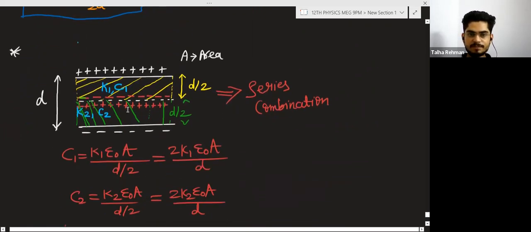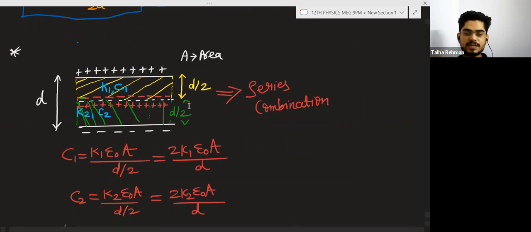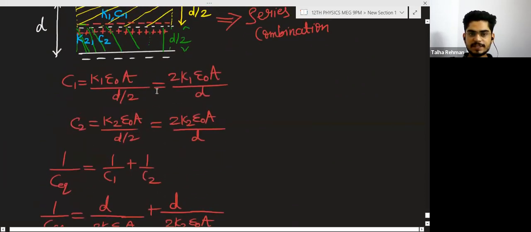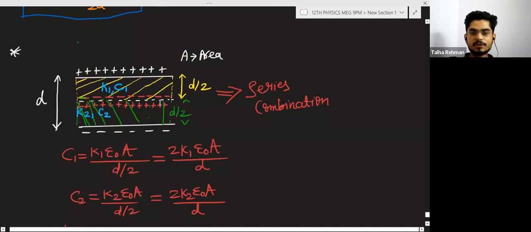Now we have filled the dielectric with respect to distance. In half of the distance we have a dielectric of constant K1, and in the other half of the distance we have a dielectric of constant K2. How is this a combination? Here this is the negative plate, and this is the charge due to induction, and this is the negative plate of the capacitor.